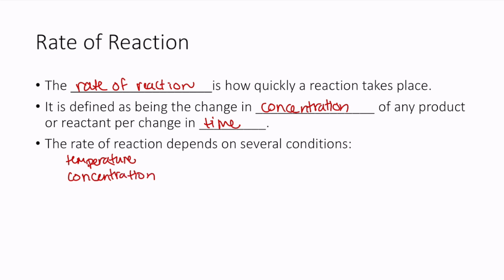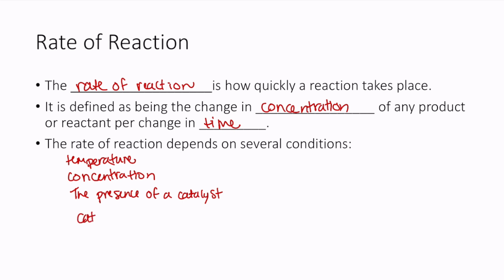If we have more molecules, or a higher concentration, then there is more likelihood that they're going to collide. And then we can have the presence of a catalyst. So these are just some of the conditions that can change the rate of a reaction.